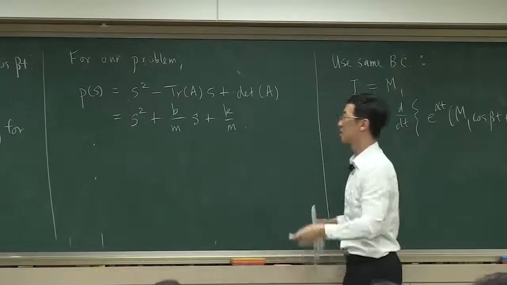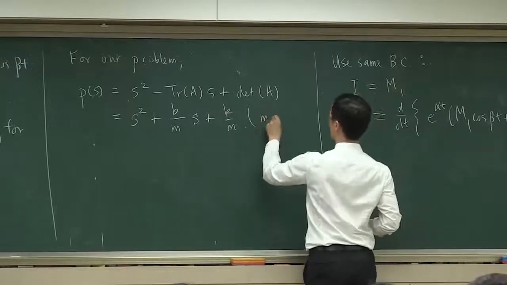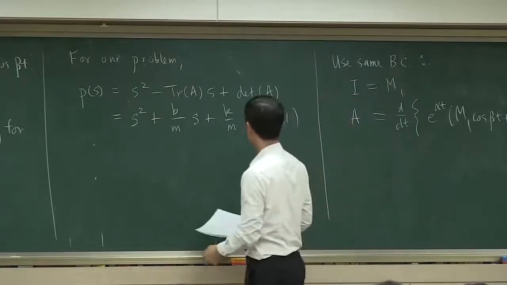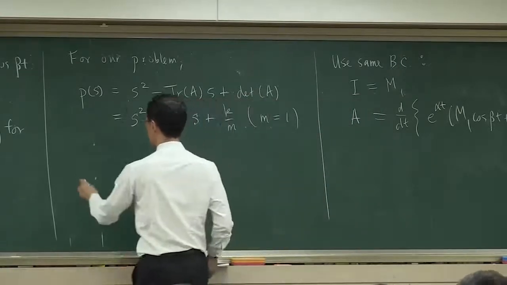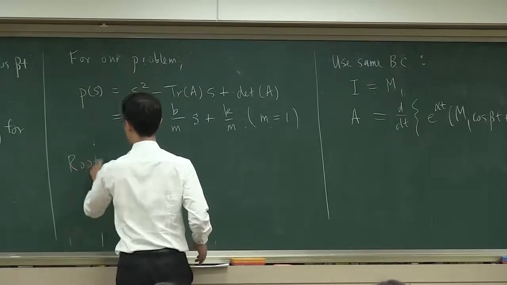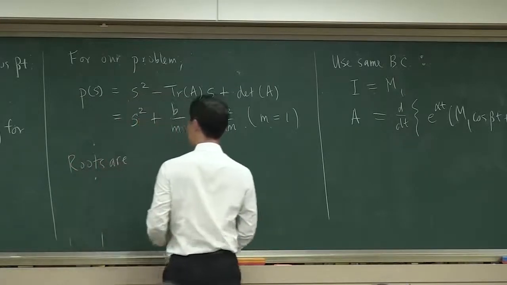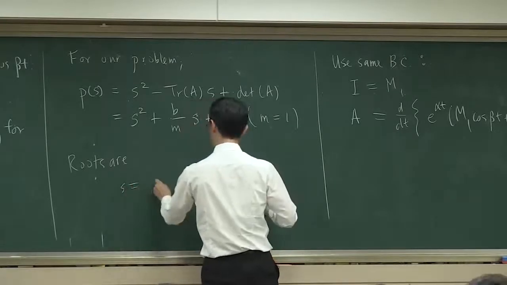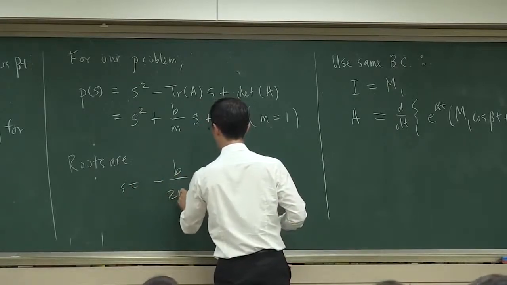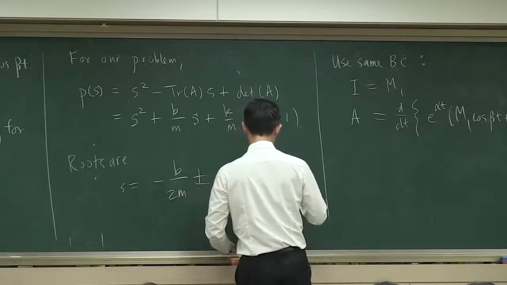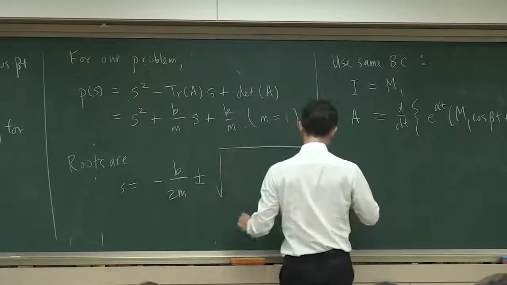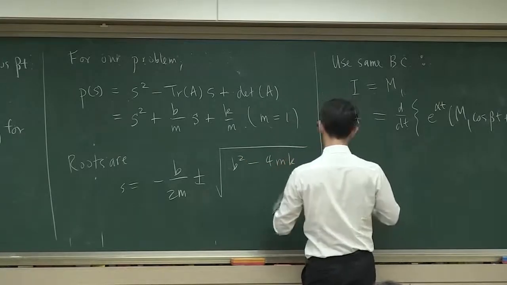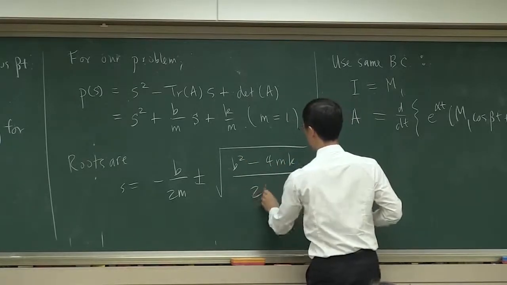We assumed m equals 1, but let me just put it in here. So the roots, the eigenvalues lambda 1 and lambda 2, are s equals minus b over 2m, putting the m back in, plus or minus square root of b squared minus 4 mk over 2m.